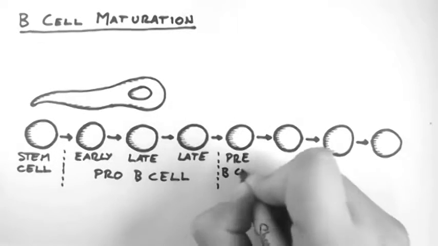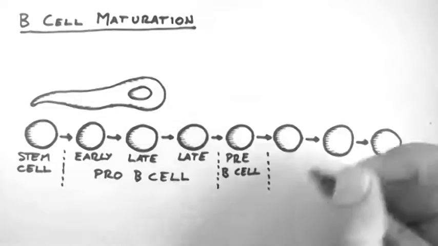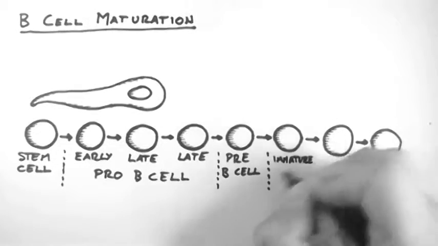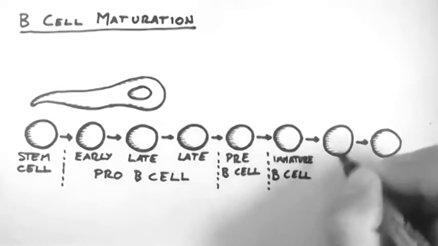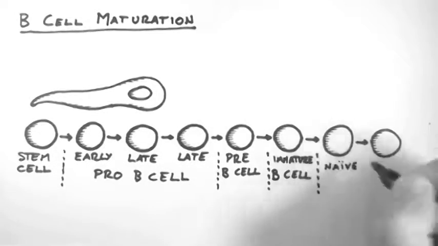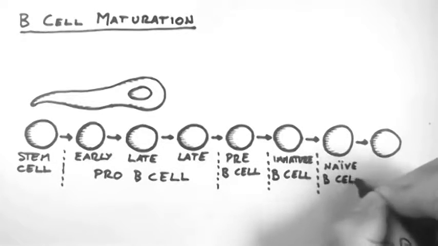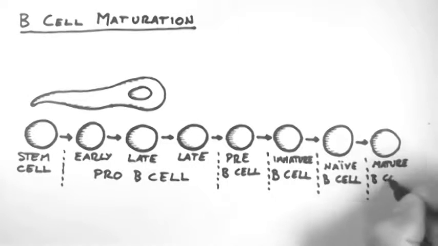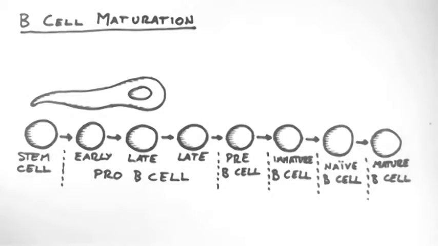These then progress to pre-B cells, and then onto immature B cells. The immature B cells then migrate to lymph nodes, the spleen, and other secondary lymphoid tissues. At this time, they then progress to naive B cells, and they eventually may become mature B cells.